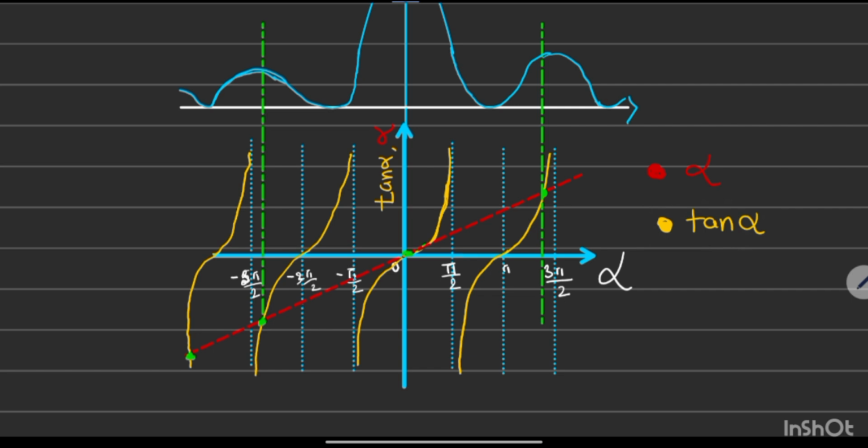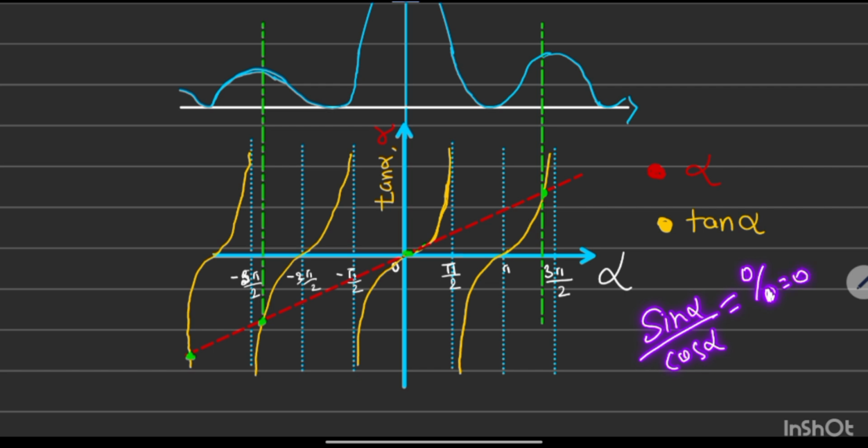So tan alpha can be written as sine alpha by cos alpha. Whenever alpha is equal to 0, sine 0 by cos 0, that is 0 by 1, we get 0.